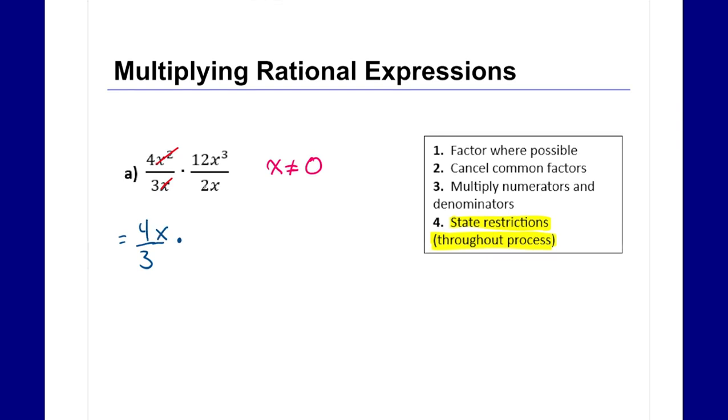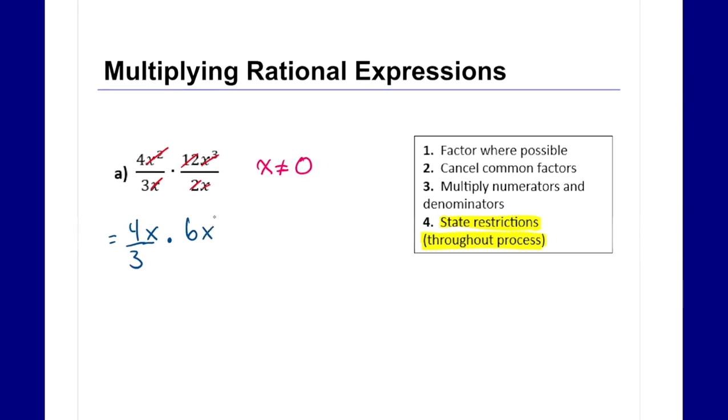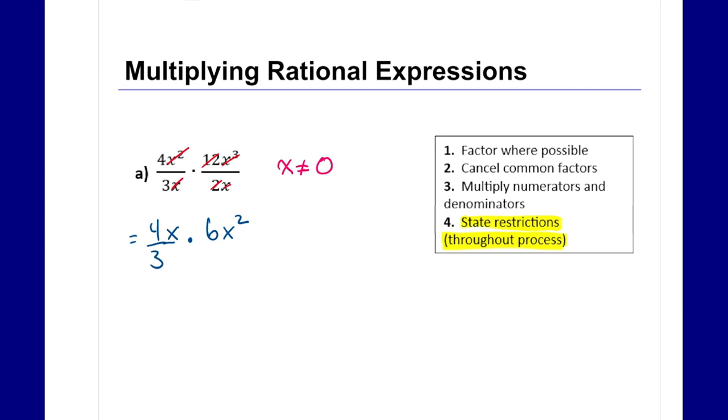Okay, I can simplify the 2 and the 12. 12 divided by 2 is 6. And the x cubed becomes x squared. So now I've simplified it to 4 over 3 times 6x squared.